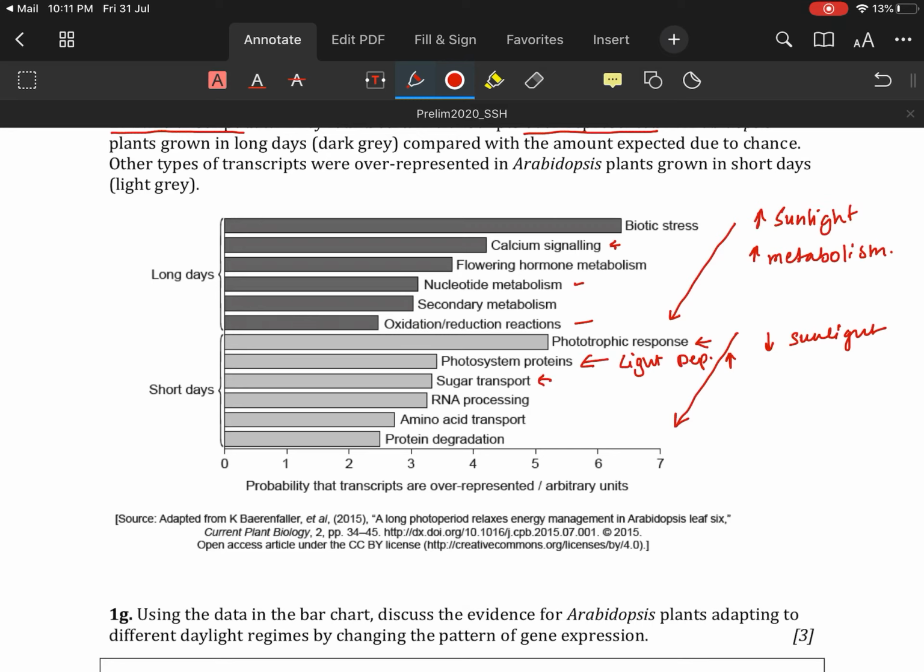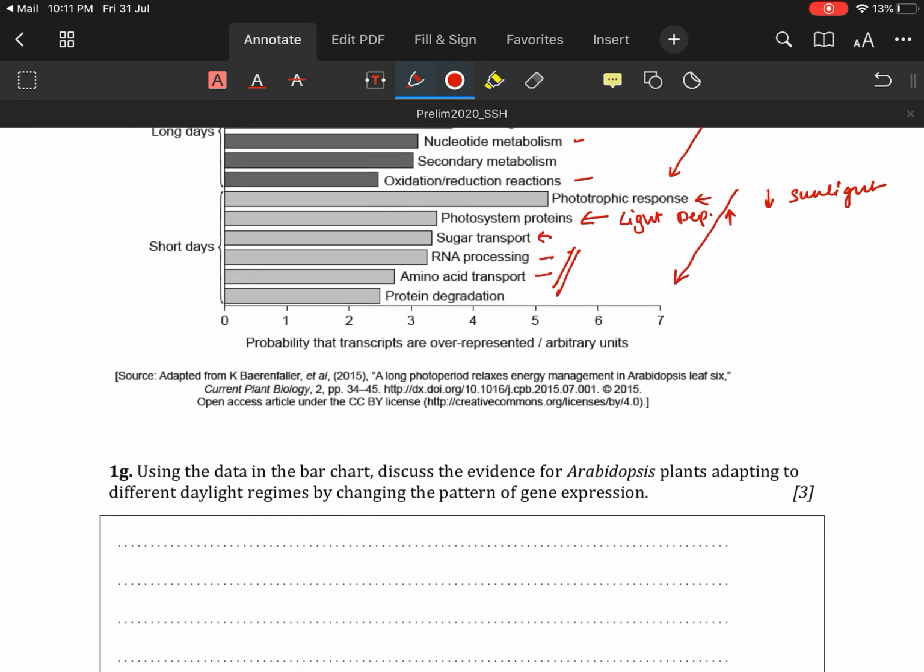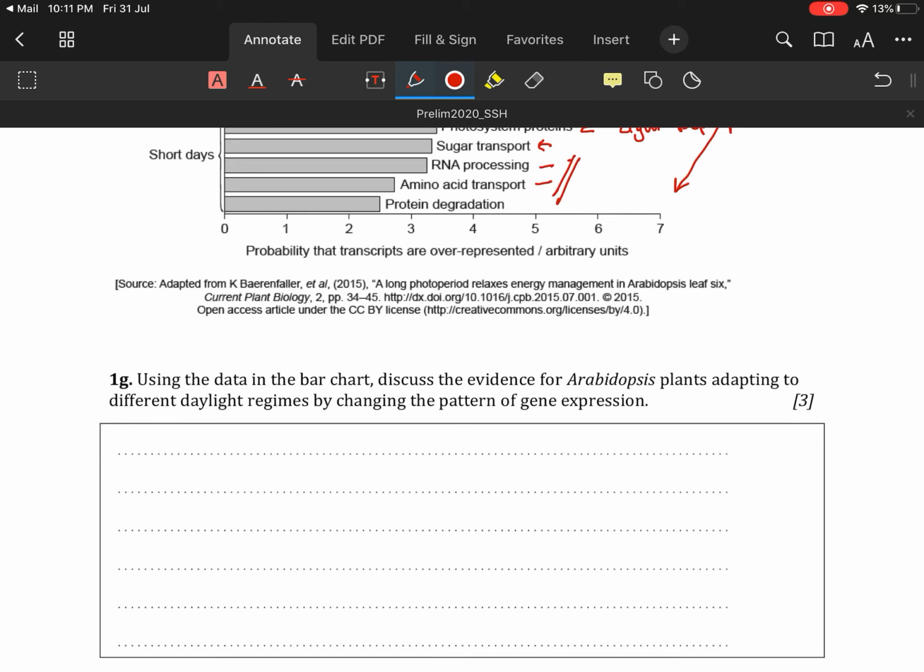Sugar transport, if the genes are expressed in a way that the transport of sugar is fast, then they can quickly make more food. RNA processing, amino acid transport, all these are part of the adaptation for the limited amount of light provided to the plant.